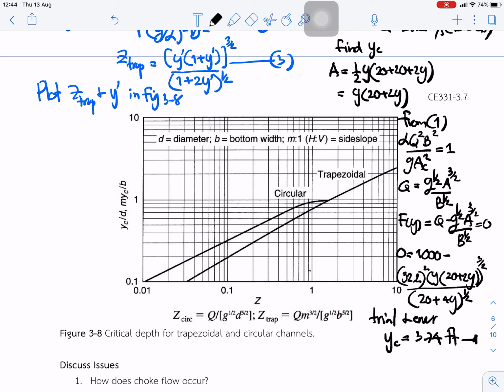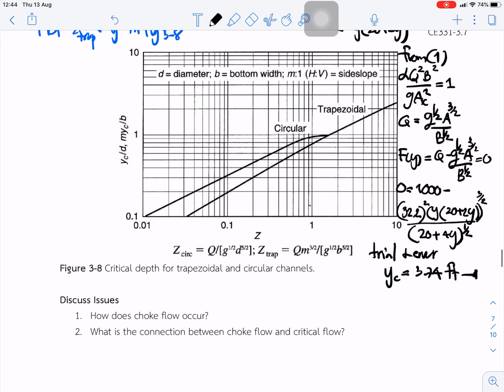To make a guess of what is the y that makes the equation equal to 0, okay, we got 3.74.